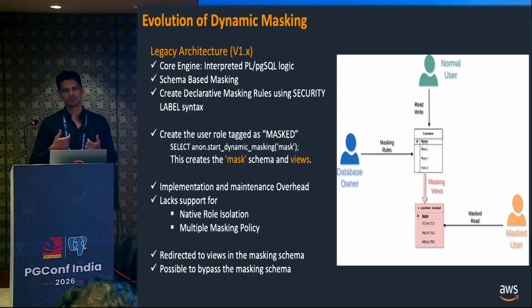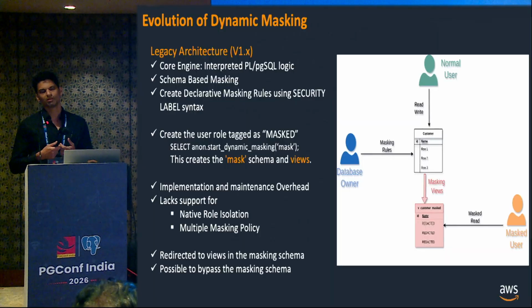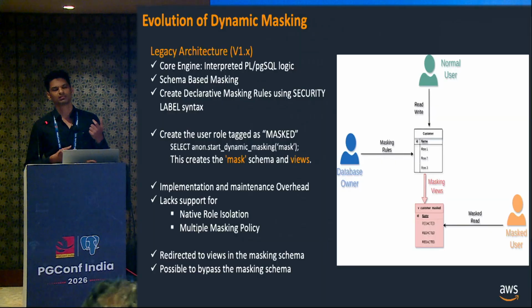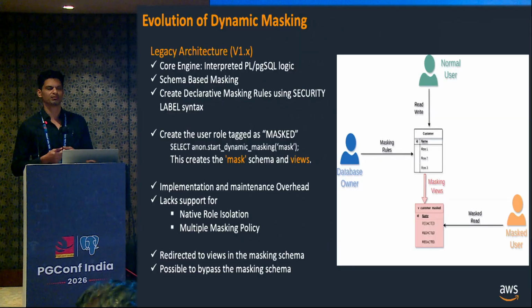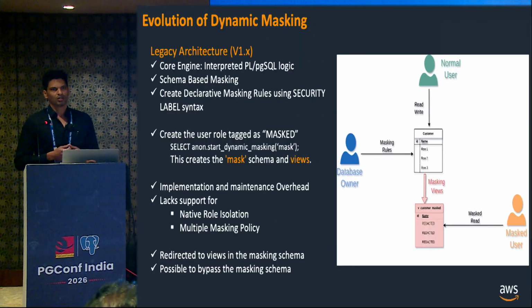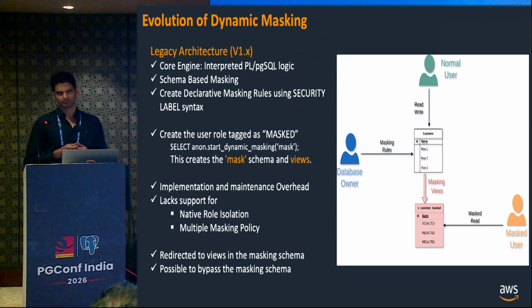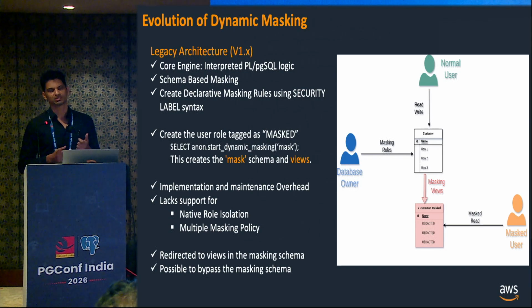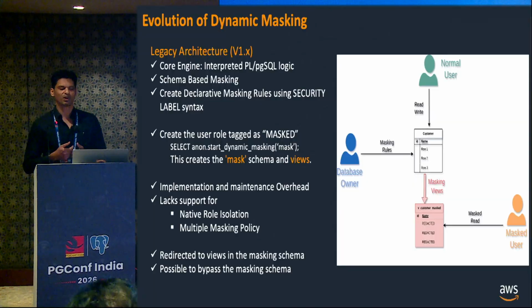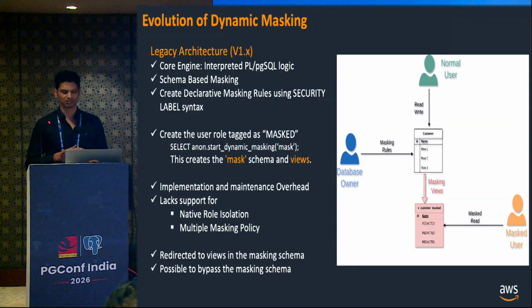Once the masking rule is created, it will be updated in the default masking policies created by the extension. Once it is updated, you have to create a masked user. We have to label it as masked, and attach the policy to the masked user.